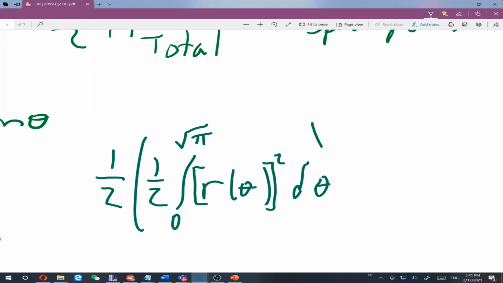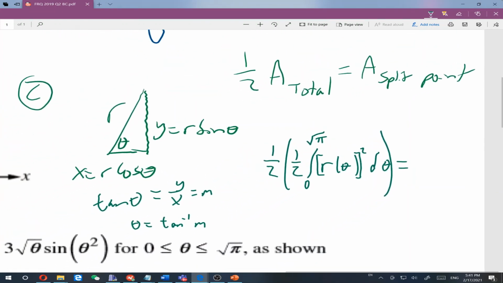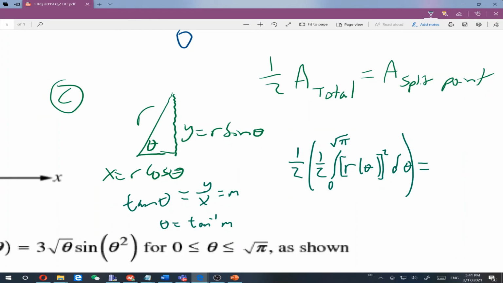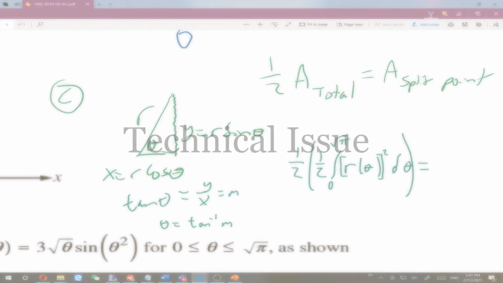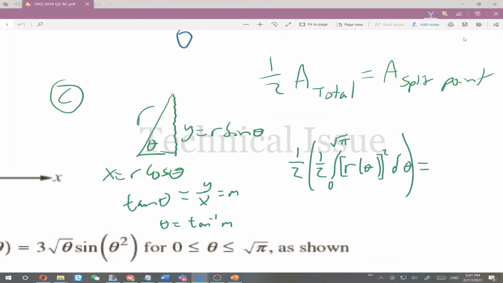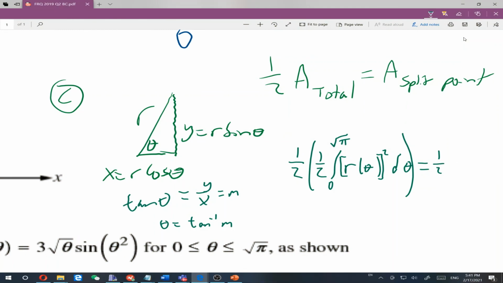Okay, so we've got 1/2 of that total area should be equal to our area at the split point. What's the equation for the area at the split point? 1/2 times the integral from 0 to some value.